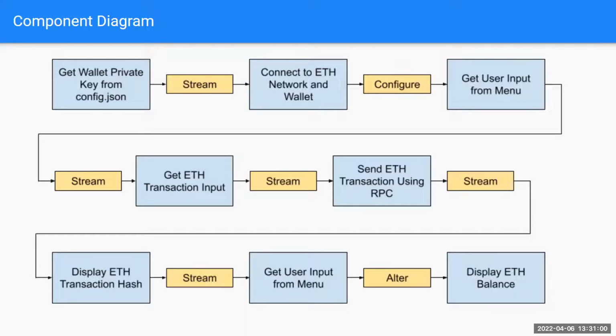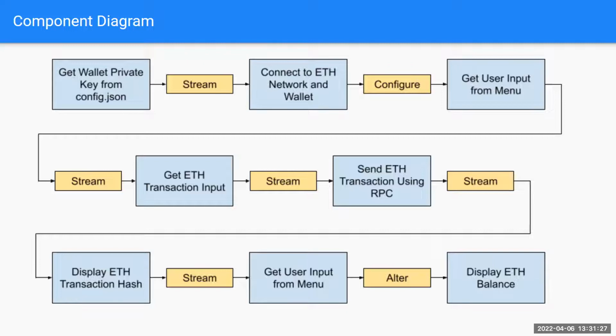With this data, they're able to send the Ethereum transaction to the Ethereum blockchain using the RPC URL. And then with the data from sending that transaction, the application will receive a transaction hash, which allows the user to see the status of that transaction.